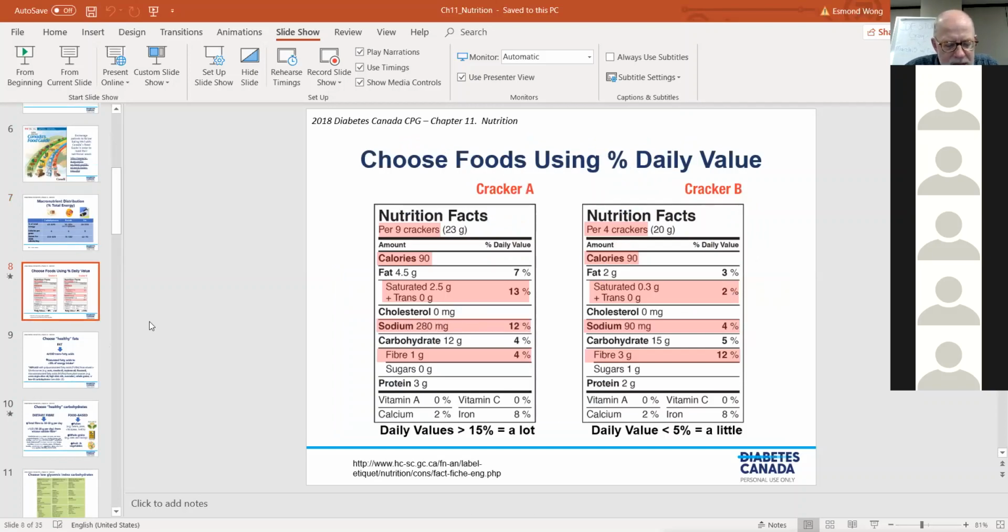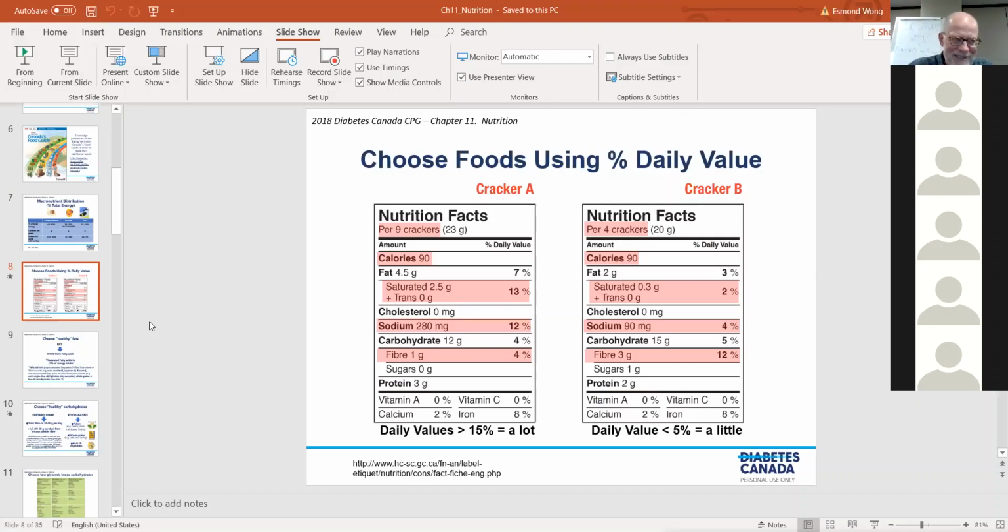All right. You may be asked to estimate an amount of carbohydrate given a food label. And when you have to judge that, there are 3 important things to look at. One is the portion size, because sometimes they'll try to trick you: the food label says per 3 crackers, and the person's eating 6 crackers.